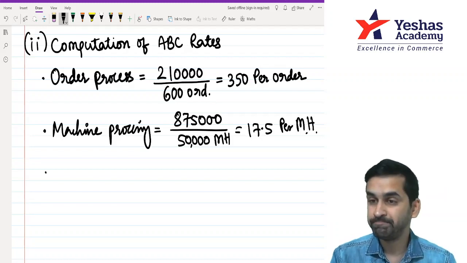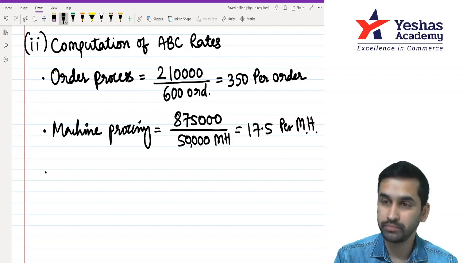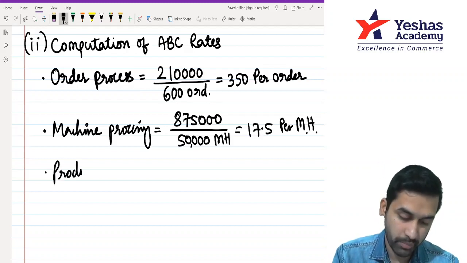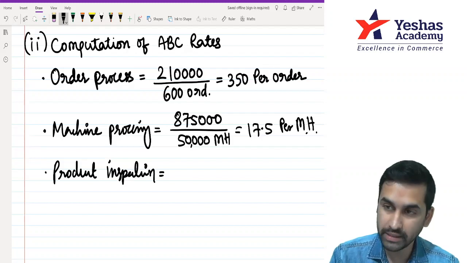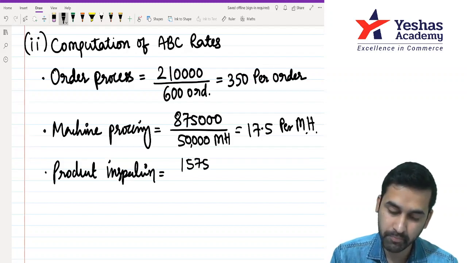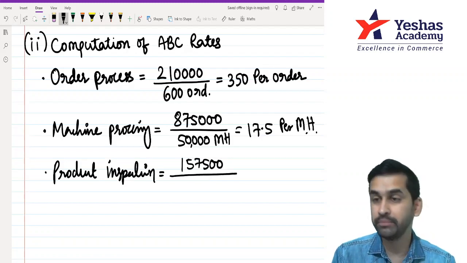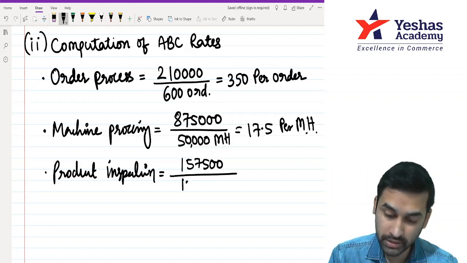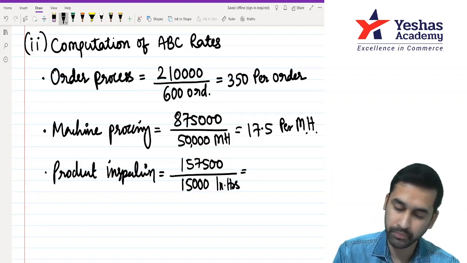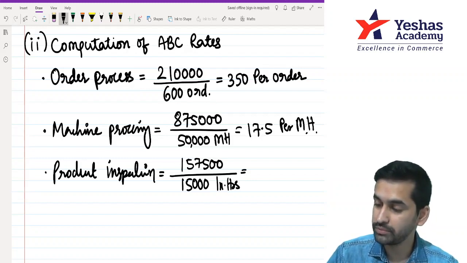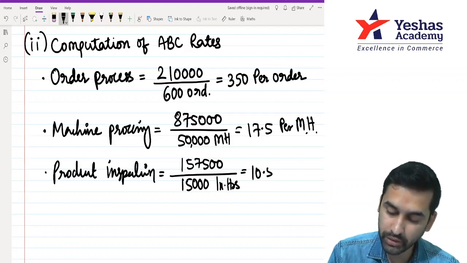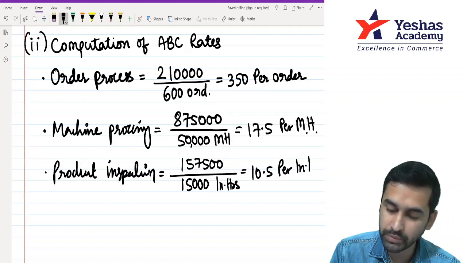Last one, inspection cost. Product inspection is equal to 157,500 to be divided by inspection hours, so 15,000 inspection hours. 157,500 by 15,000, I am getting 10.5 per inspection hour.